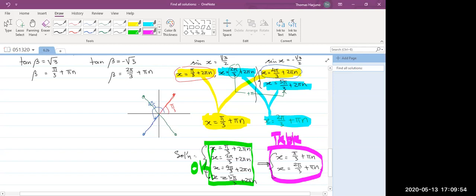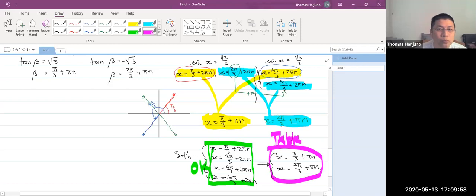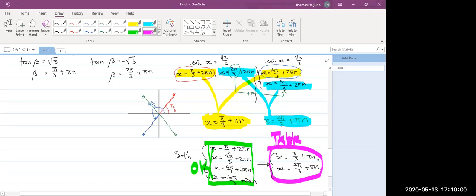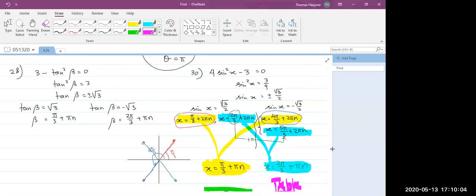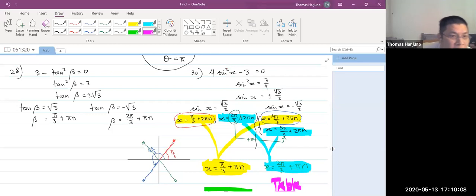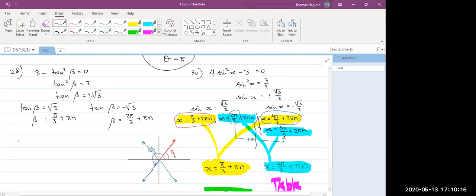Hey, Thomas. Yes? How come in number 28 the answer is pi over 3 plus pi n and not pi over 3 plus 2 pi n and 2 pi over 3 plus 2 pi n? Because for tangent, the period is pi. Like when you graph tangent, the period is pi. That's right.